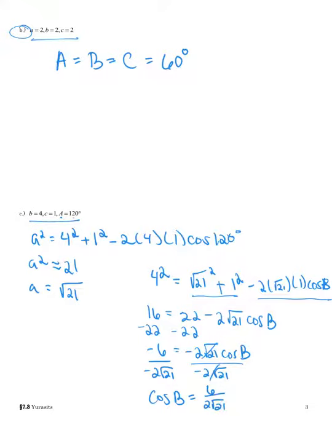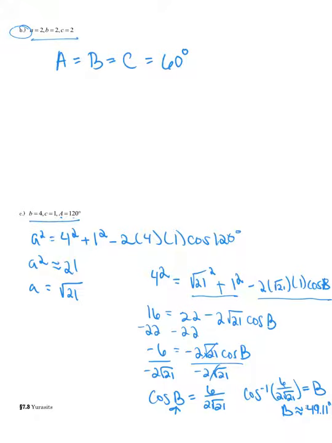Negative divided by a negative is positive. And again, because I'm solving for an angle, I need to do the inverse. Notice here it's a straight equal sign because I haven't done any rounding. But now, once I find it in my calculator, 49.11 degrees. So I put it approximately.